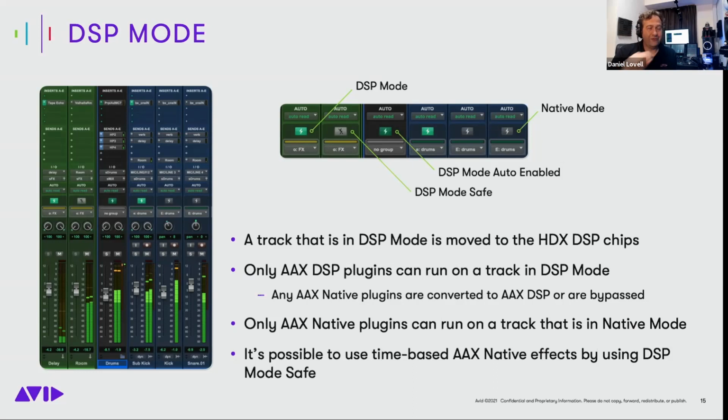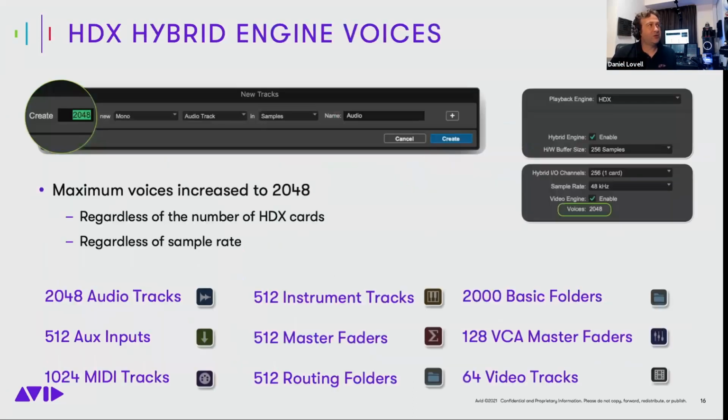Now, some of you might have noticed this actually on the system usage window before, but what this does is free us up from some of the physical limitations of the HDX hardware. So previously with an HDX3 system, you would end up with a maximum voice count of the physical limitation of the card.